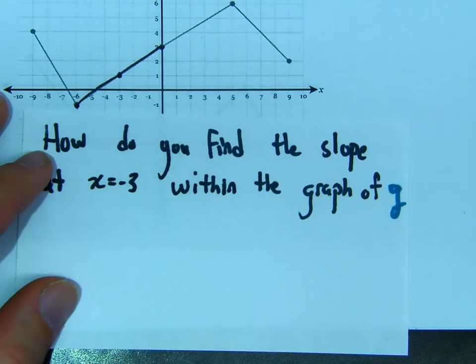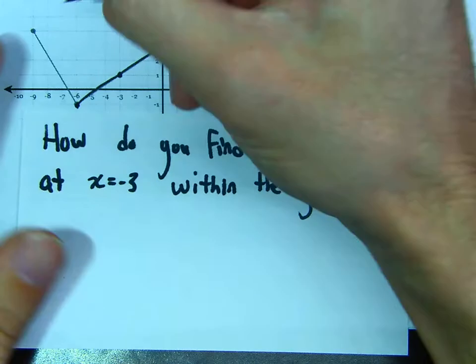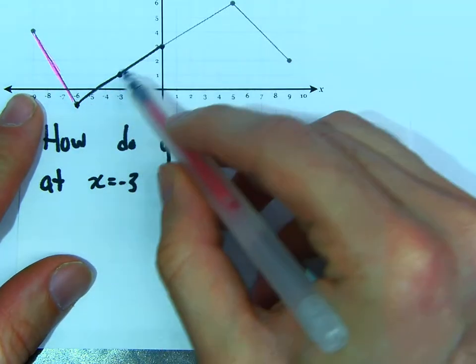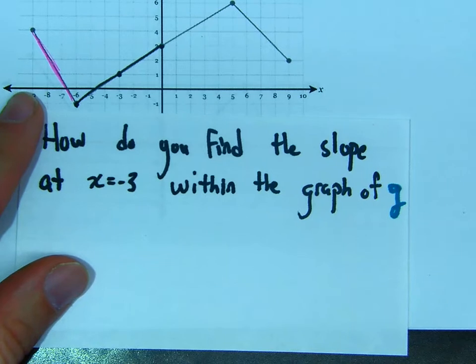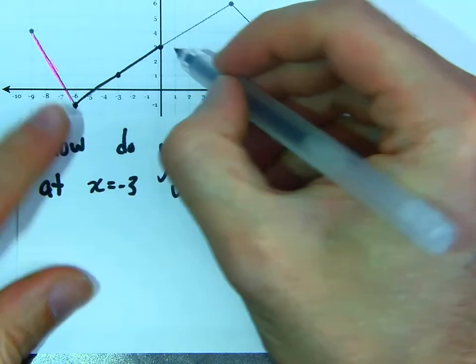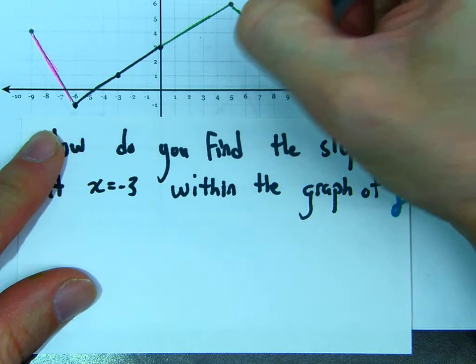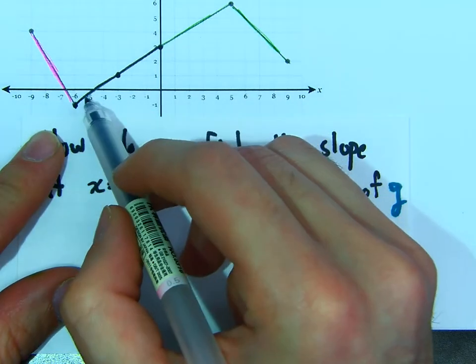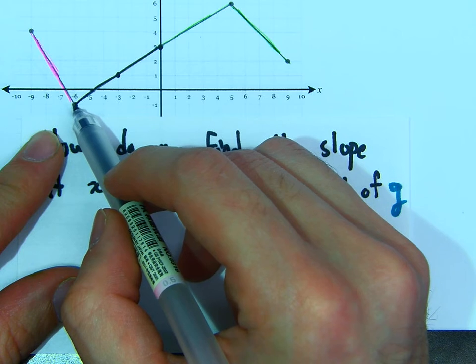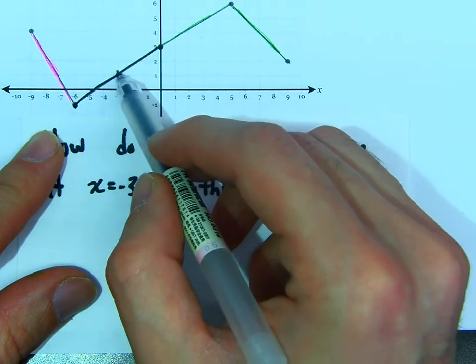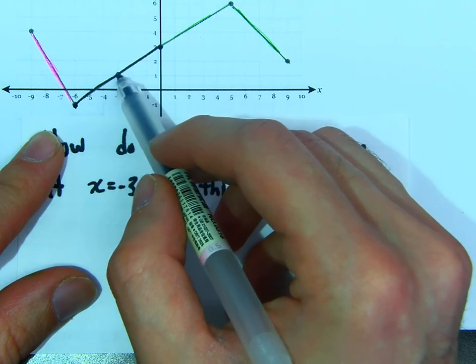The same idea from here to here, they have the same slope. From here to here, the same slope. And here to here, the same slope, right? But the idea is, if I find the slope at any point from here to here, it will represent what the slope is at -3.